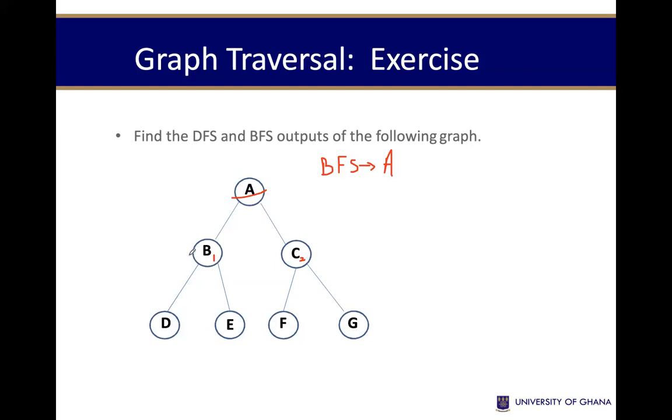So B here will be gone. And then B is adjacent to D and E. Okay. So as B is gone, I'm going to have 3, 4.